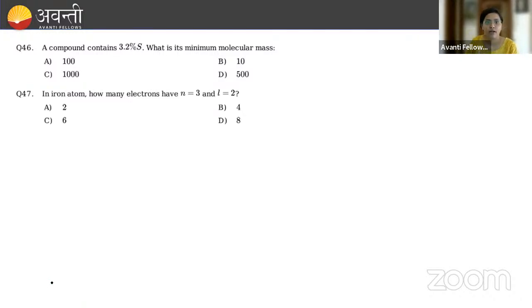A compound contains 3.2% of sulfur. What is its minimum molecular mass? So here we need to calculate the minimum molecular mass for a given sulfur compound. ABCD, what was the answer?